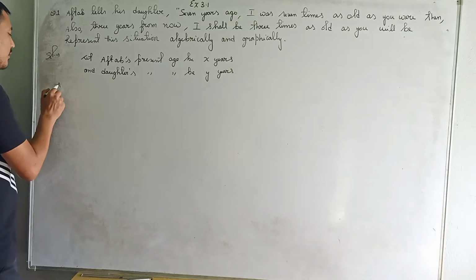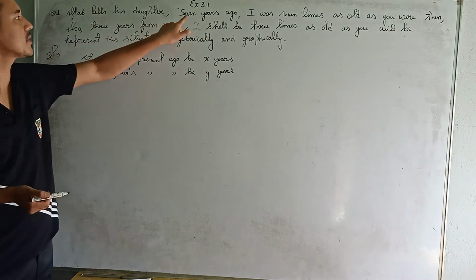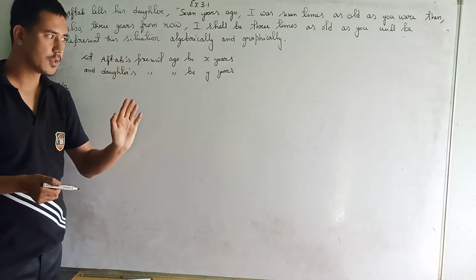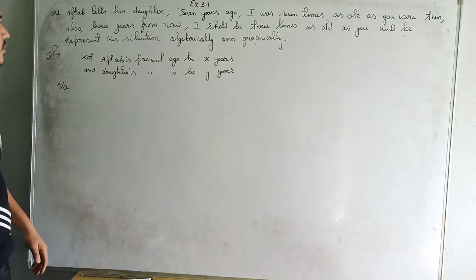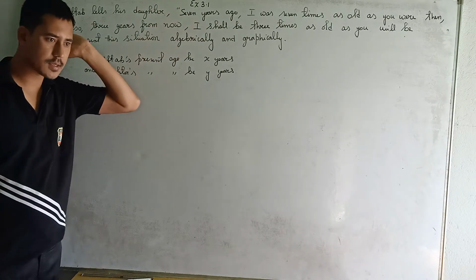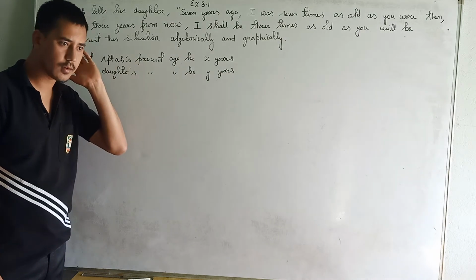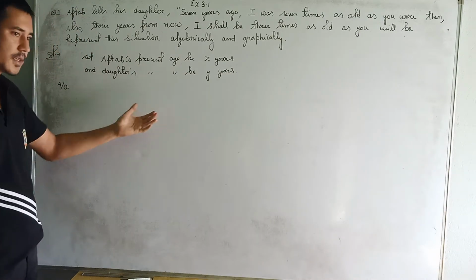So the first part of the question, Aftab is talking about the past, 7 years ago. We need to find how old was Aftab 7 years back and how old was his daughter 7 years back. We need to first understand that situation.